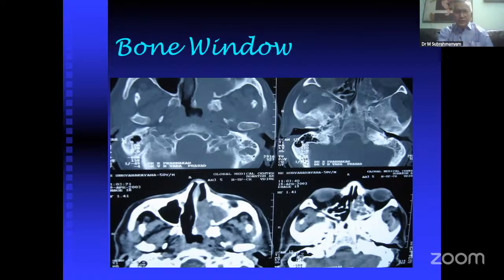You can see that these are the bone windows above, where you are seeing the details of the bone, not the details of soft tissues. Whereas in the same scan at soft tissue windows, you are seeing the bone as painted white, nothing in it. And you can see that this sinus is involved, the nasal cavity is involved here, which are not clearly depicted in the bone window.